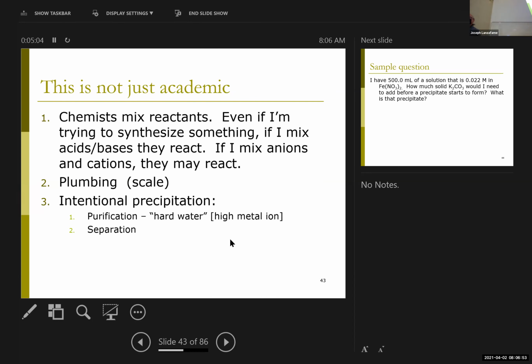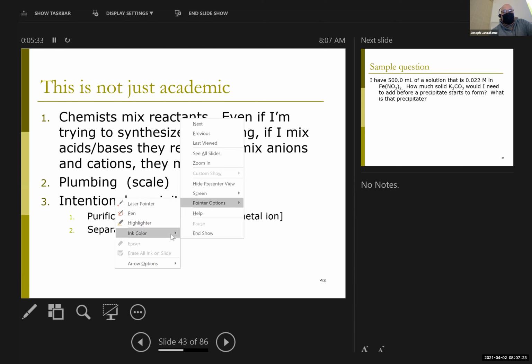This was also a very common way of separating metal ions. I think to some extent it's been largely replaced by electrochemical methods, but this was for much of modern human industrial history the most common way to actually separate metal ions from each other.